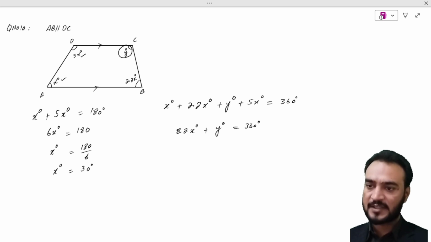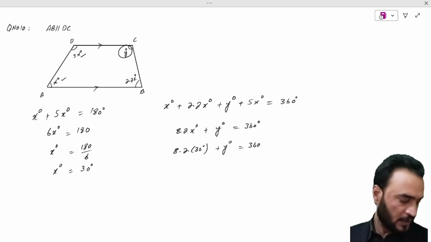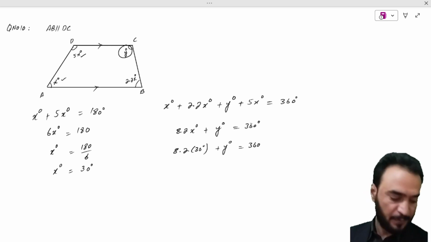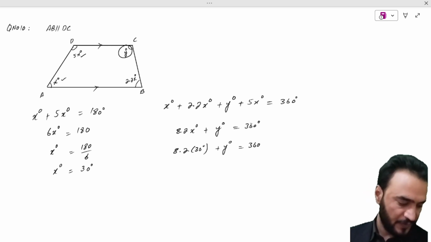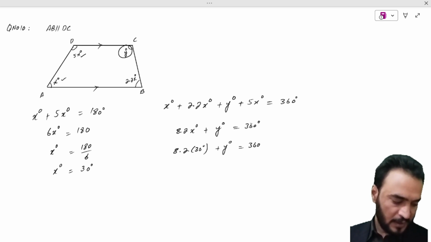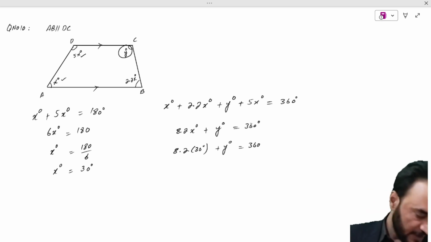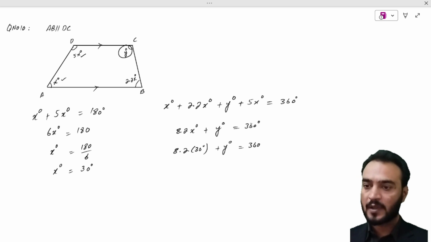We know the value of x degrees, so we put the value of x, that is 30 degrees, plus y degrees equals 360 degrees. Multiplying 8.2 with 30 degrees, we get 246 degrees. 246 degrees plus y degrees equals 360 degrees.